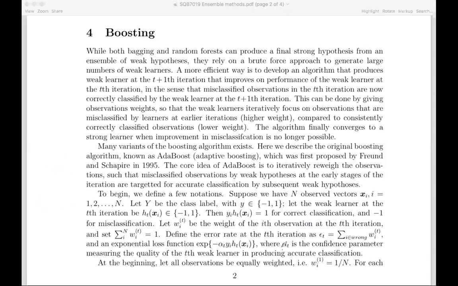Alpha t is what we call the confidence parameter. It measures the quality of the weak learner. If alpha t is high, then the quality is high.